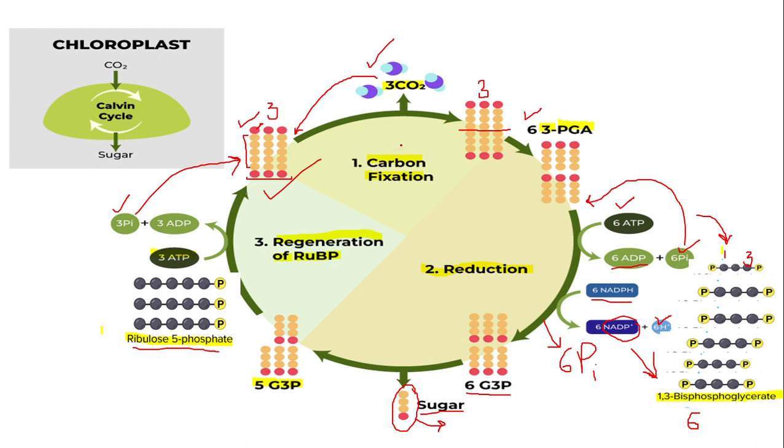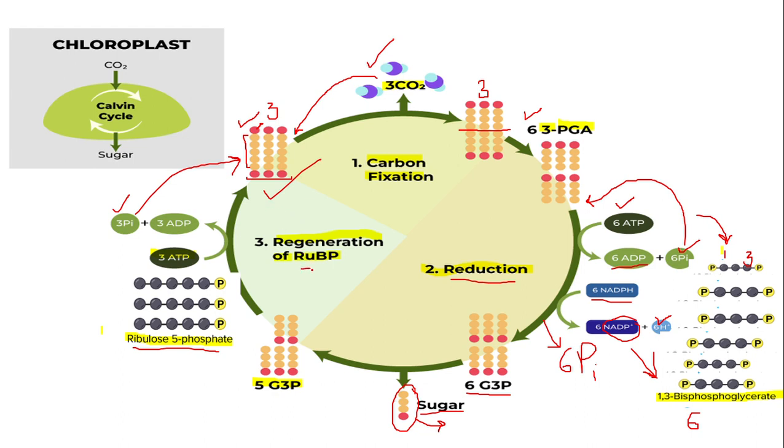So here you can see that firstly the carbon dioxide is fixed into a molecule that is called 1,3-bisphosphoglycerate. Then this molecule is reduced to G3P, and then this G3P will again regenerate the RuBP.